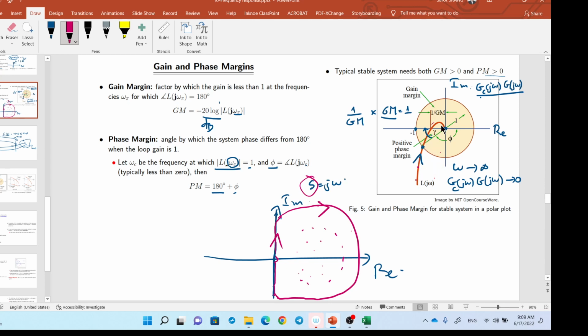And the orange contour is obtained from this contour, and the half circle contour here, for radius approaching infinity, just maps to 0 here.